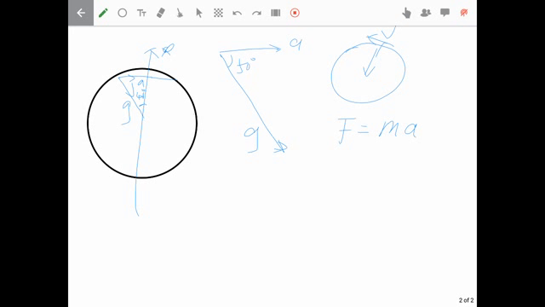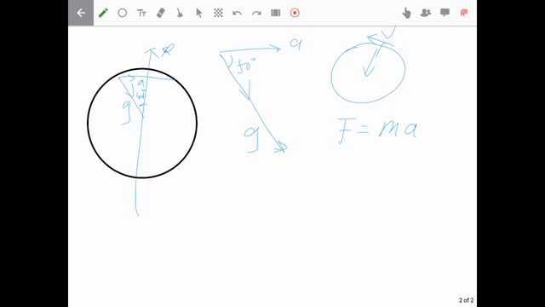If there were no a here, then the string should point directly to the center of the Earth. Anything you hang in the air should point to the center of the Earth if there's no centripetal force, due to gravitation.